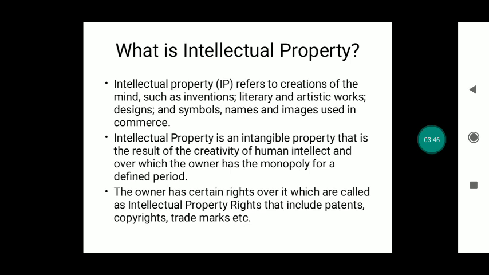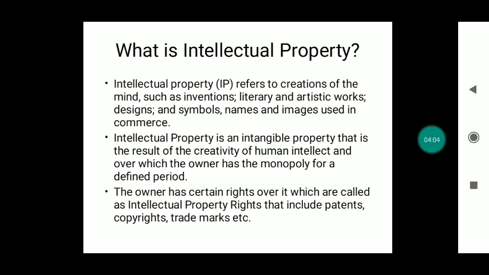They all become the examples for IP. Intellectual property is an intangible property. Intangible, nothing but it's not a physical property. It is non-physical property which is not having proper shape, size, etc.